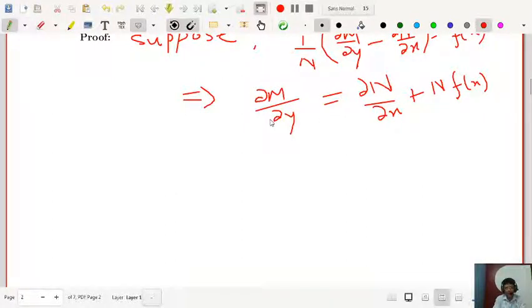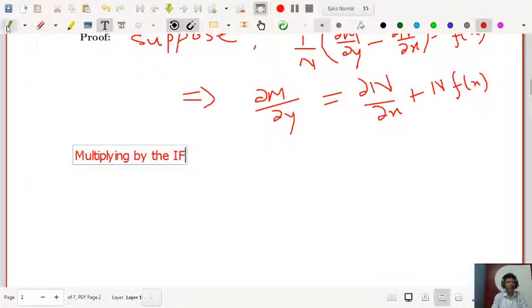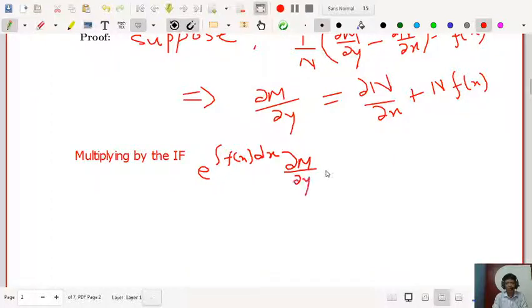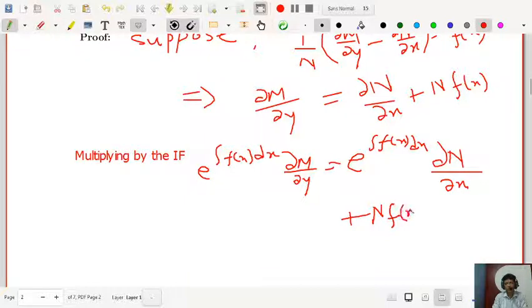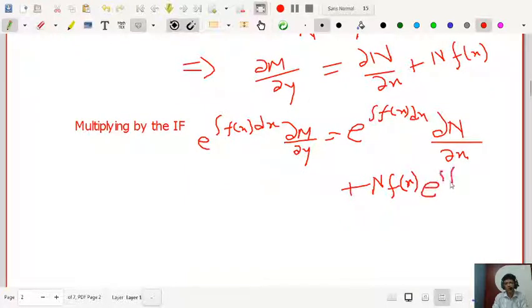So multiplying this last equation by that integrating factor, what you have is e to the power integration f(x) dx times del M del y, throughout, I am multiplying throughout, e to the power integration f(x) dx into del N del x plus N f(x) e to the power integration f(x) dx.